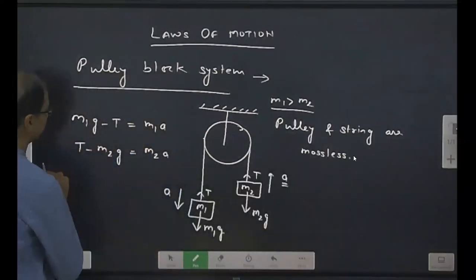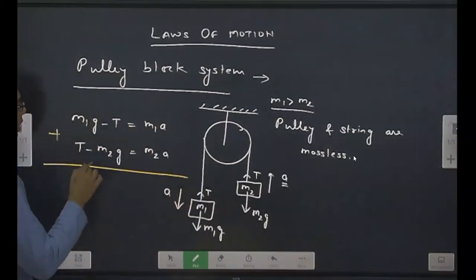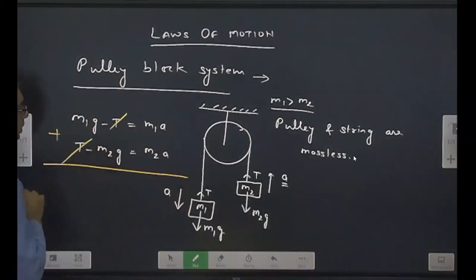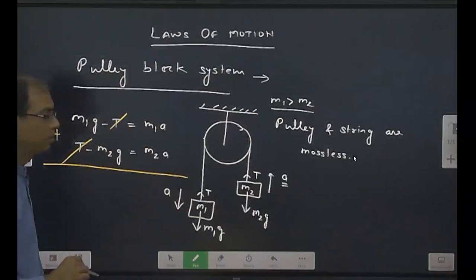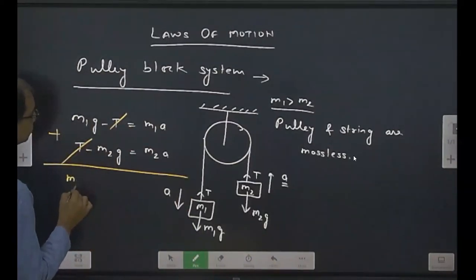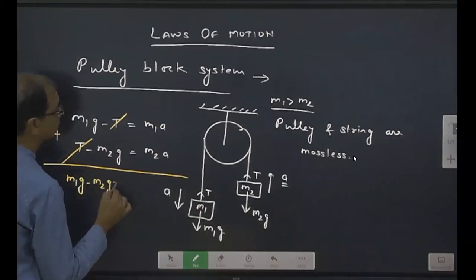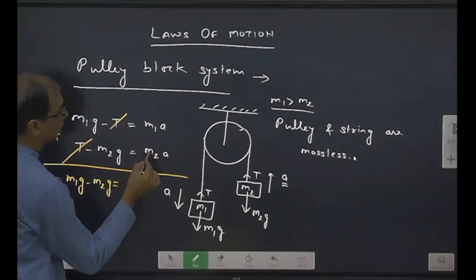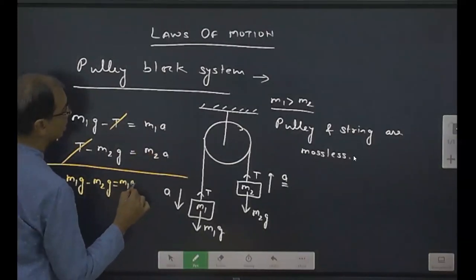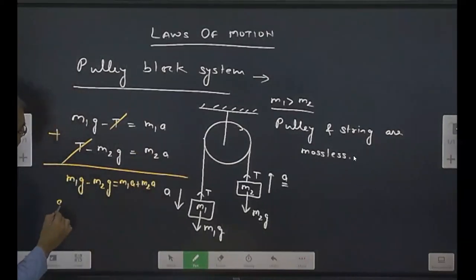So I'm going to add these two equations. When you are adding, you can see minus T and T. When you add T and minus T, it will become 0. What is remaining? m1g minus m2g. On the right hand side, what is there? m1a plus m2a. g you can take common. It's m1 minus m2.